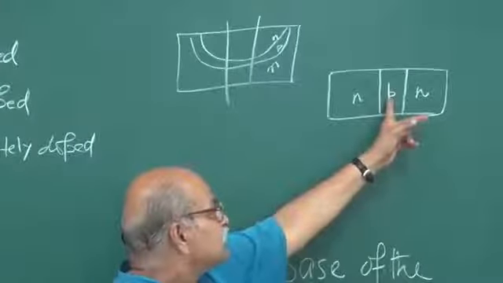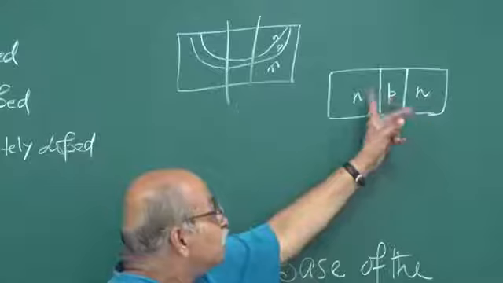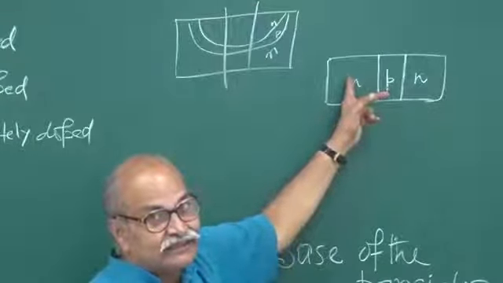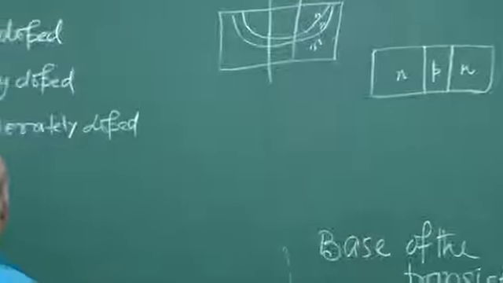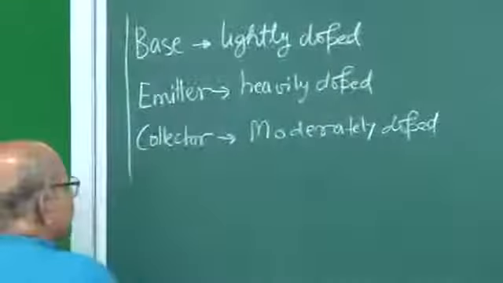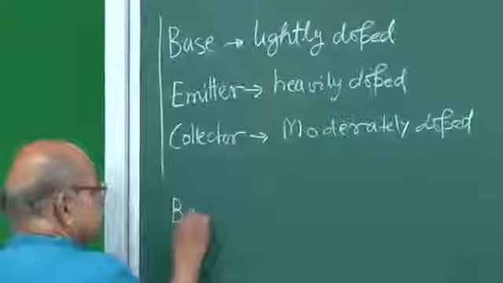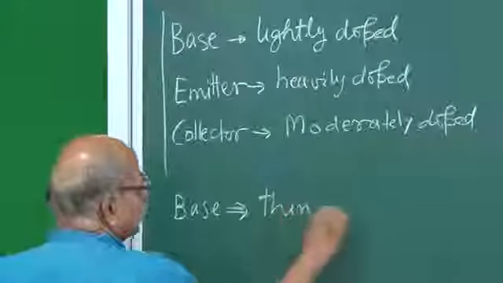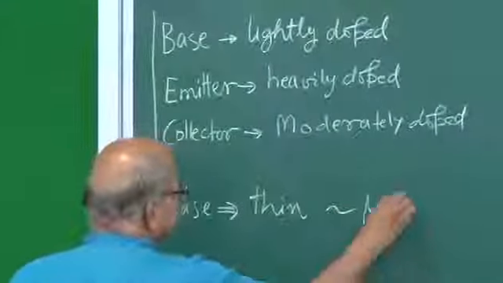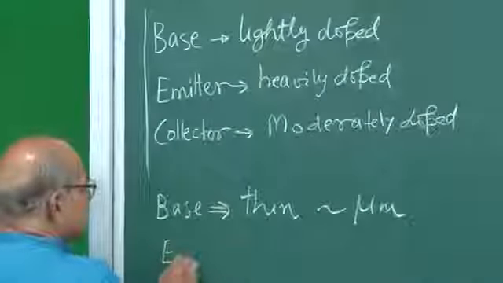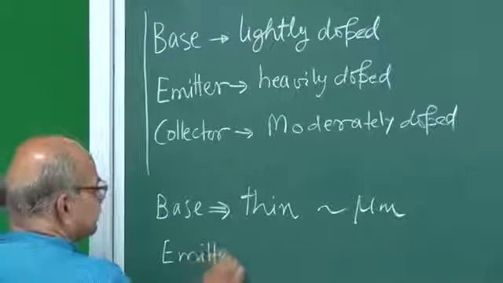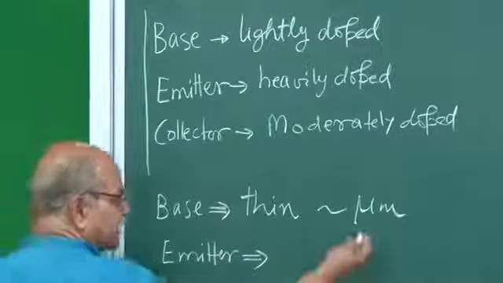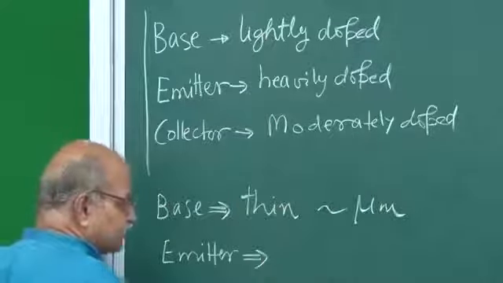Regarding doping level, the base is very lightly doped, one of these two, the emitter, is heavily doped, and the other is moderately doped. The second is the geometrical parameters, the thickness. Your base is very thin, of the order of a micrometer, whereas emitter and collector are relatively much larger, maybe 100 times this, or 500 times, or 200 times.